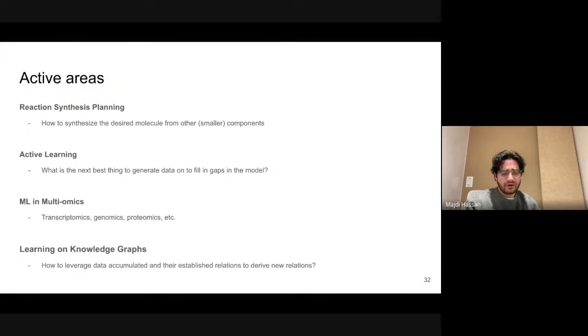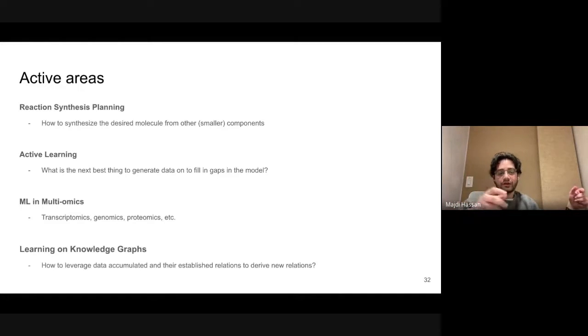And then there are some other areas. I'm not going to dive into them too deeply because this is a little bit out of my domain of what I know. There are things like reaction synthesis planning, so how to synthesize desired molecules. This is very important because you can't just make compounds.